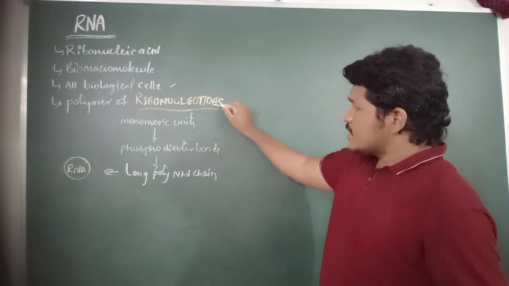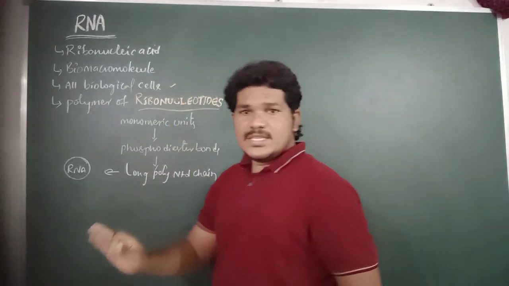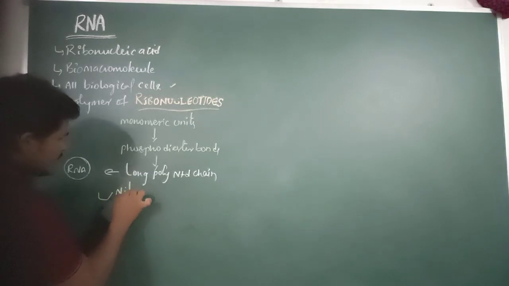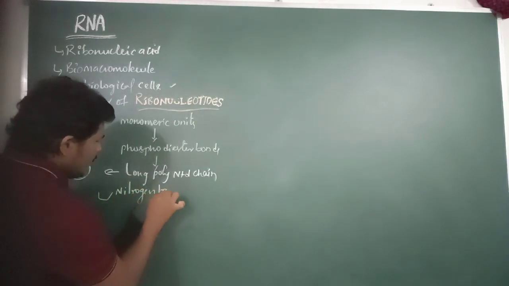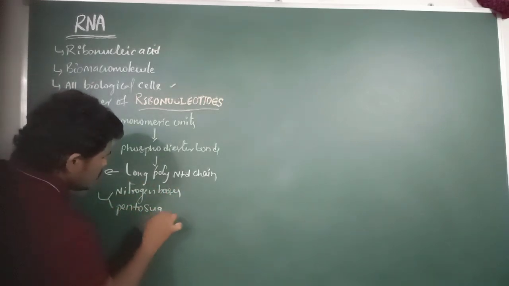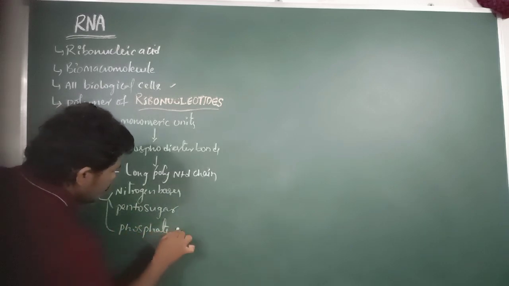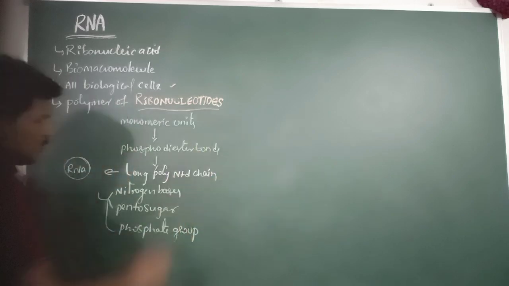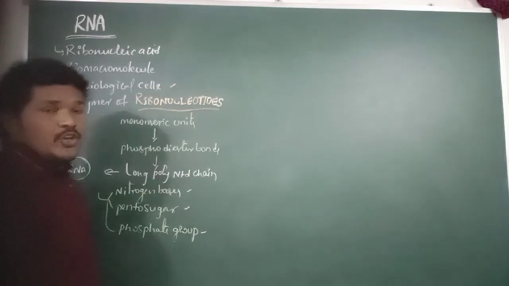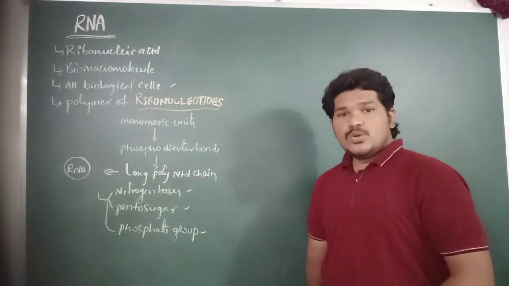If we observe the structure of a ribonucleotide present in RNA, it consists of three different types of components: nitrogen bases, pentose sugar, and phosphoric acid or phosphate group.